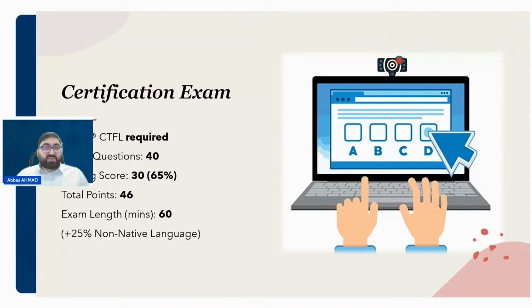You have questions worth 2 points, which are the higher level questions, and the rest of the questions are worth 1 point. The exam length is 60 minutes with the typical ISTQB time format, where we give 25% more time for people who are not native speakers of the language of the exam. The only requirement to take the certification exam is having obtained the Certified Tester Foundation Level certification.